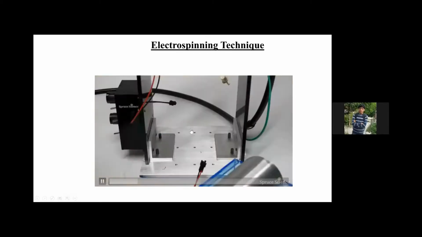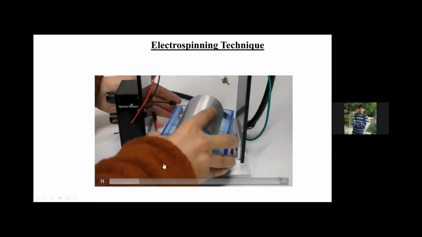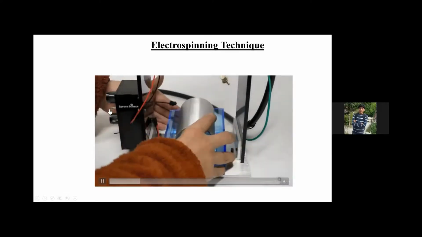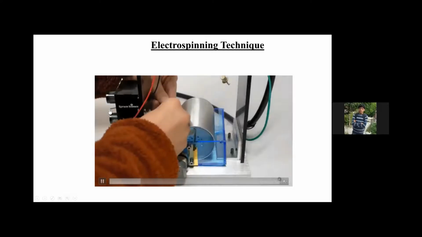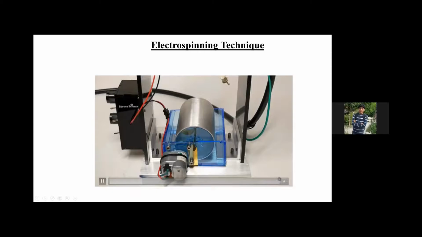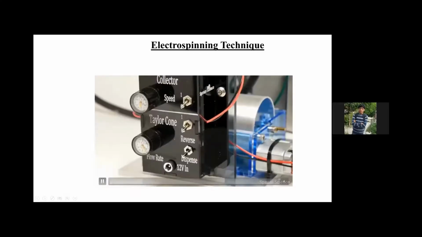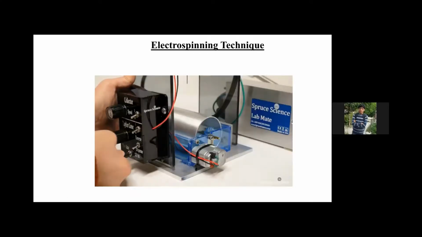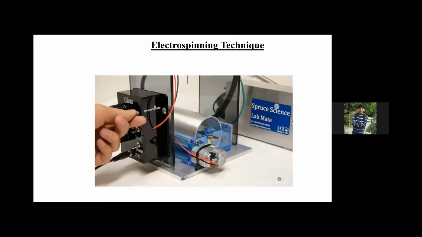We can fix our substrate over here and connect it to the rotator, so that during deposition we can rotate our collector. We can vary the rotation speed, depending on which nanostructure, nanoribbons, or nanofibers we need.